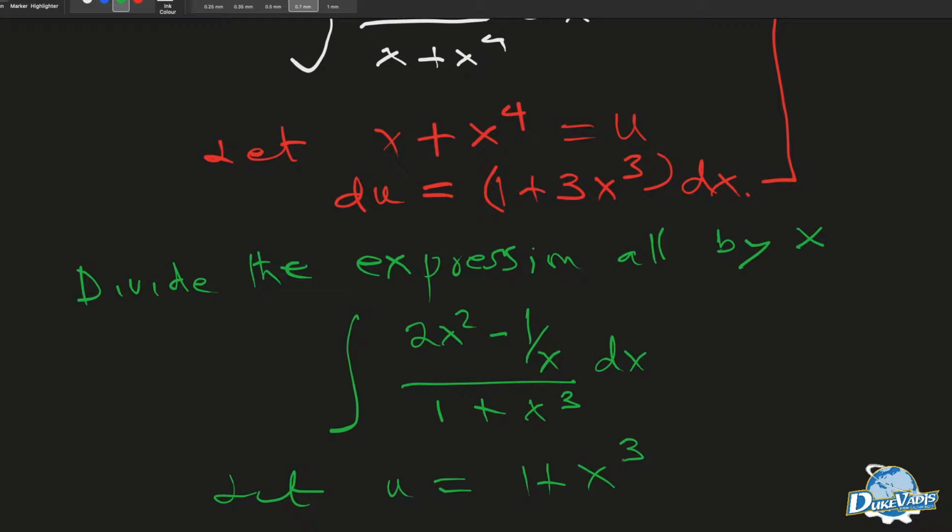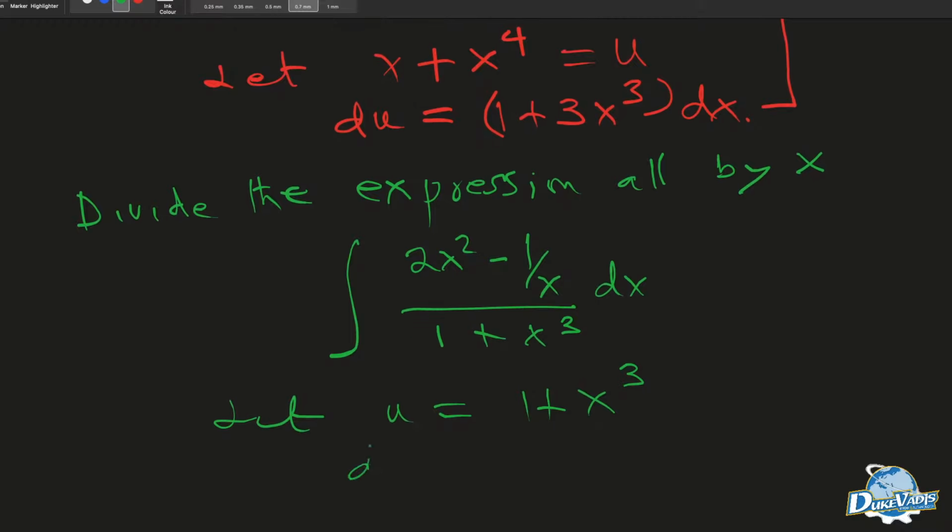So what we have is (2x squared minus 1 over x) all over (1 plus x cubed). When we differentiate again, we get 3x squared dx, which is also not useful because it doesn't bear any resemblance to this equation once again.